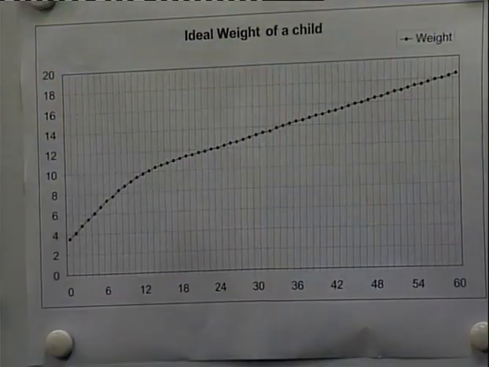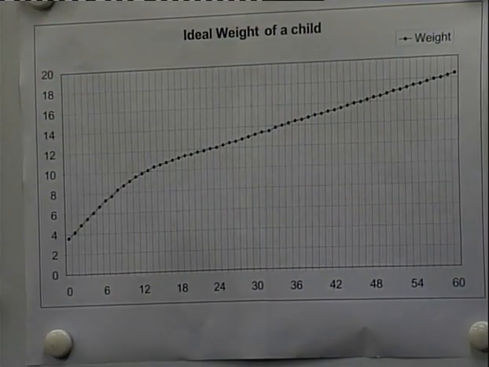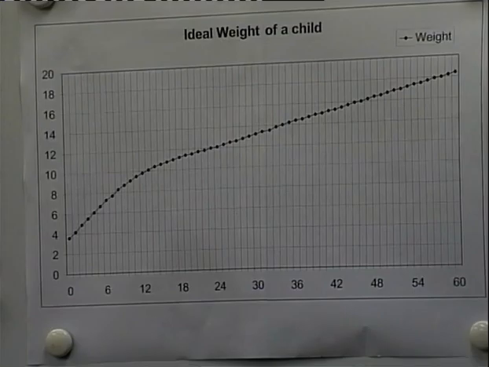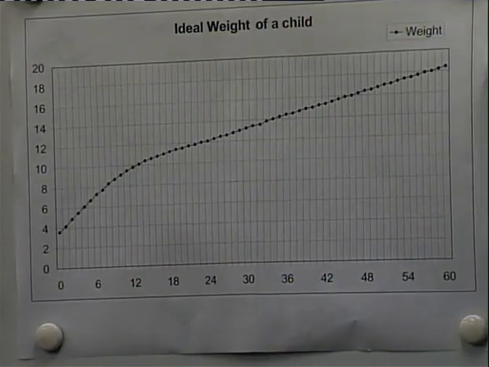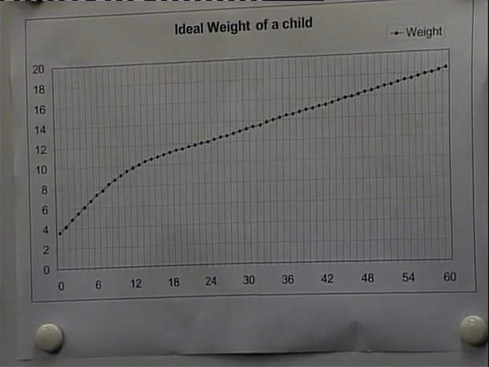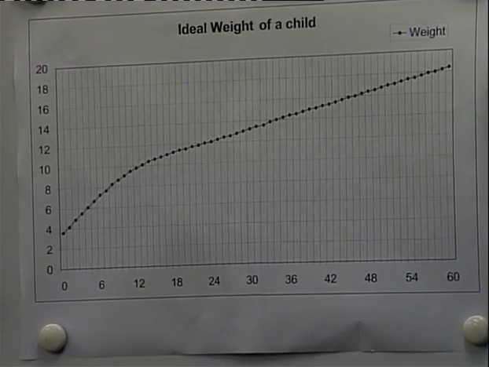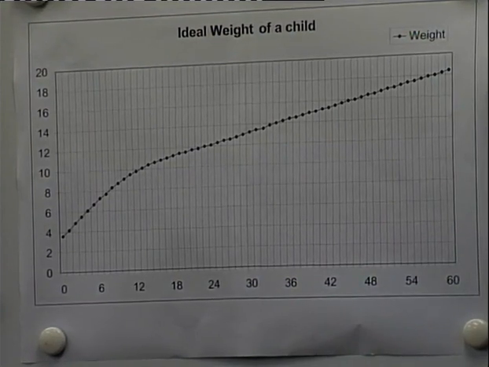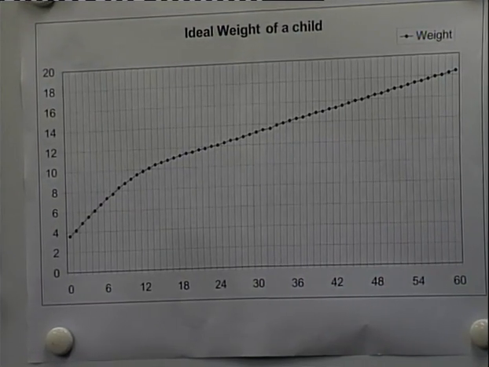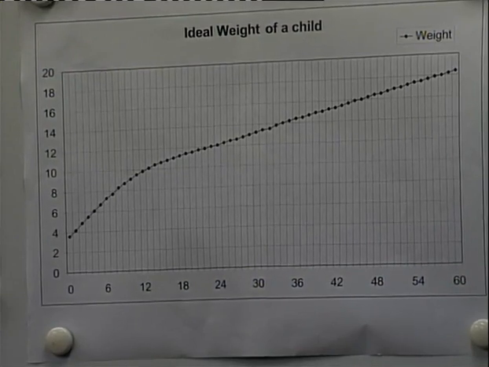Kilograms, or the weight of the child. So for example, how much did the baby weigh when it was born? You look at your data. 3.6 what? Kilograms. Okay, 3.6 kilograms. Good.